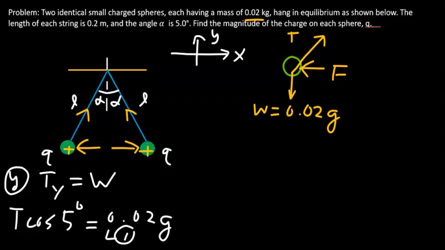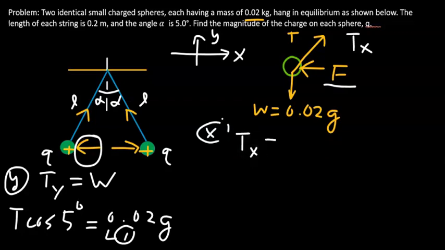Now we need one more equation. To write down the second equation, we need to analyze the forces acting along the x-axis, and there are only two. The first is the Coulomb force, which is acting along the leftward direction, and the second force is the x component of that tension, which is going in a rightward direction. So you say T sub x, the x component of the tension, equals F, which is the electrostatic force between these two charges.